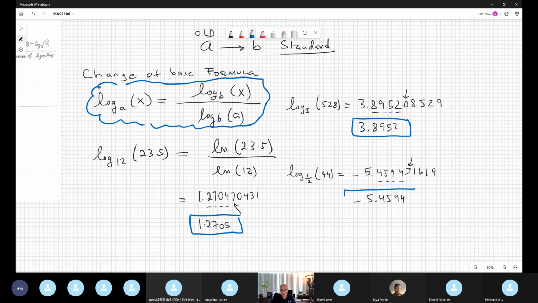What's the reason for getting a negative? The reason is clear. When you have matching behavior, for example when the base is 5, greater than 1, and the number inside the argument is also greater than 1, or both are less than 1, the answer is positive. However, with different behavior, 44 is greater than 1 and 1/2 is less than 1.